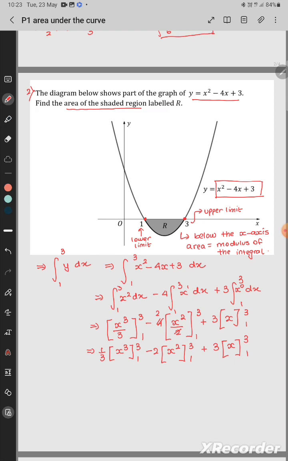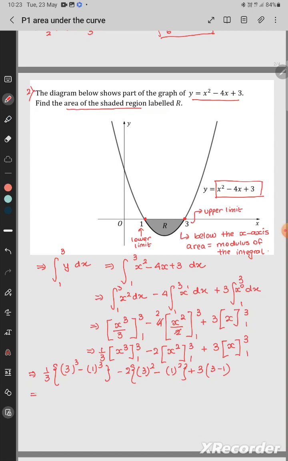So next step is what? Substitute the values of the limits in place of x. So 1 by 3 bracket 3 cubed minus 1 cubed bracket close, minus 2 bracket 3 squared minus 1 squared bracket close, plus 3 bracket 3 minus 1.